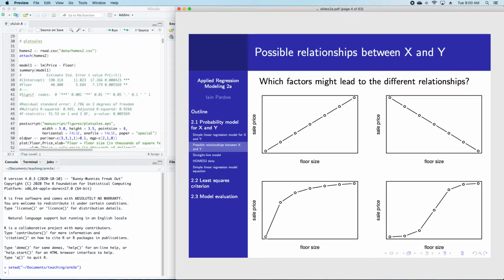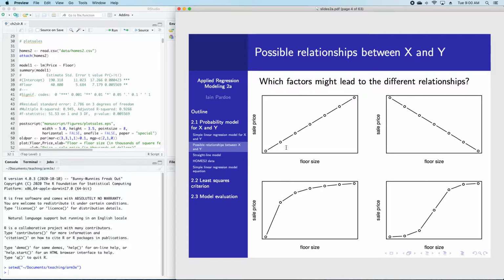So here's some possible relationships that we might see in this type of context. In the top left here, we've got increasing floor size leading to increasing sale price. So we've got a positive linear relationship.